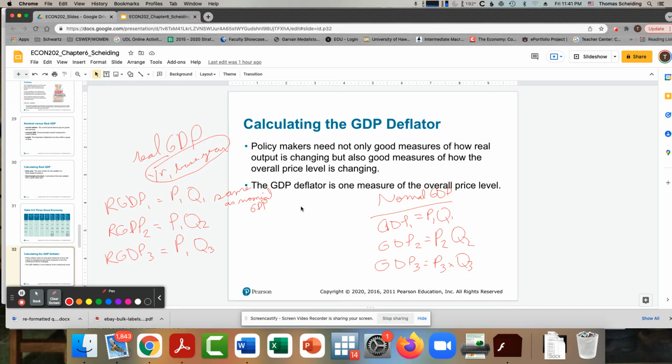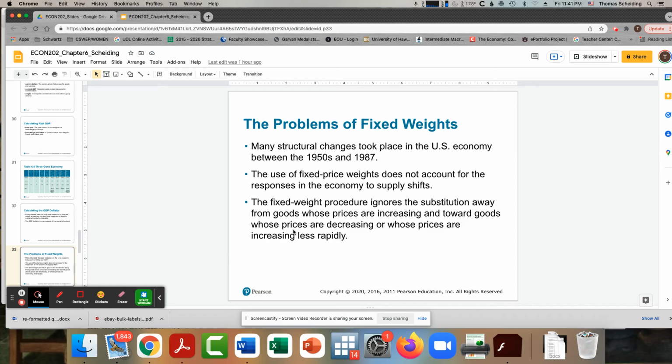See here, everything is changing. For real GDP, the price is held constant so that we really are only looking at the changes in the Qs. Don't worry about this. This is a bit more complicated than you need it to be.